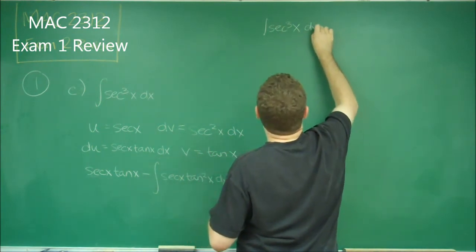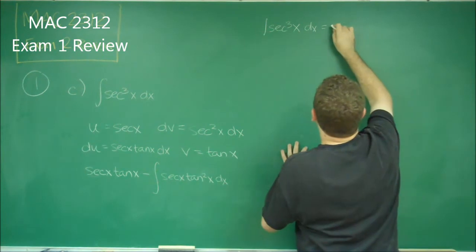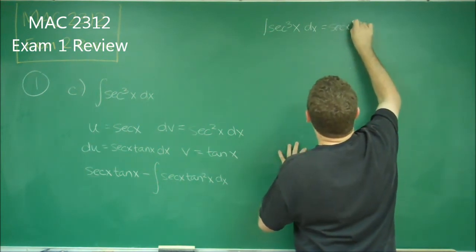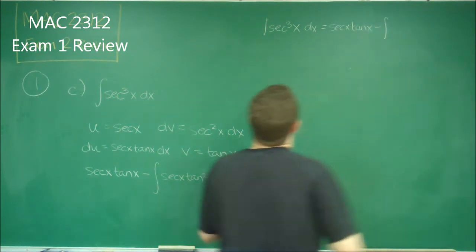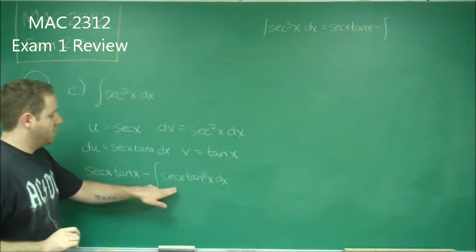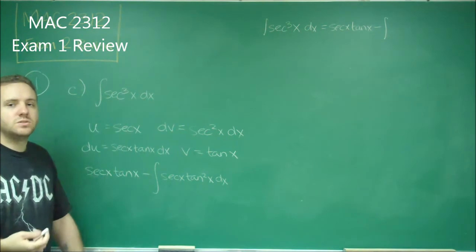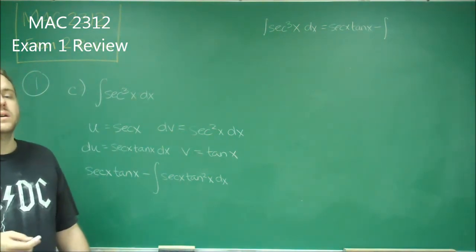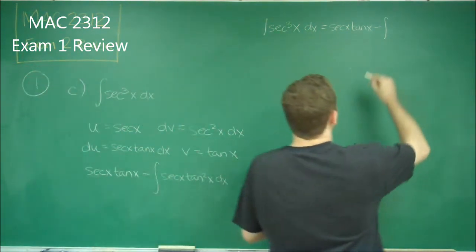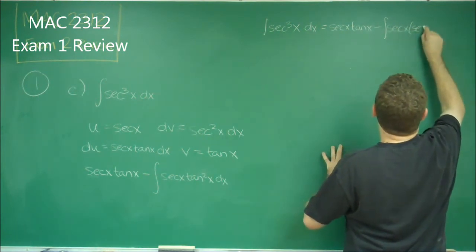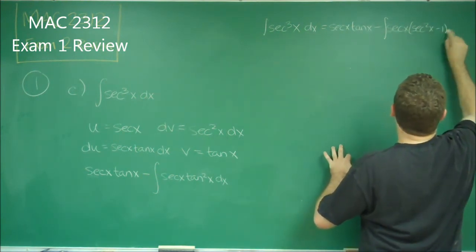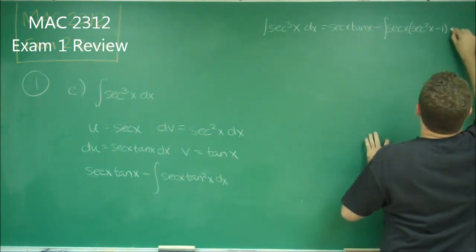So we have the integral of secant cubed is equal to secant x tangent x minus, so we're going to write this as secant x, and instead of tan squared, recall that tan squared is secant squared minus 1. So we have secant x times secant squared x minus 1 dx.